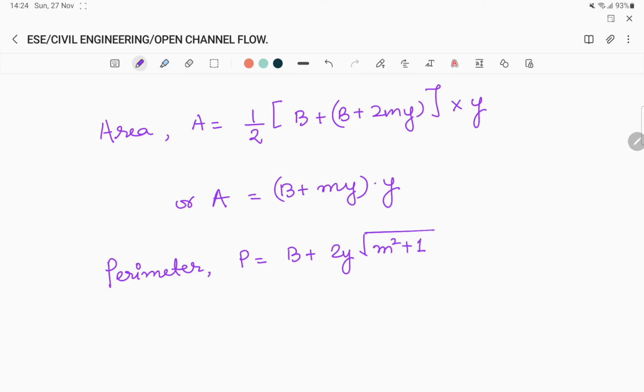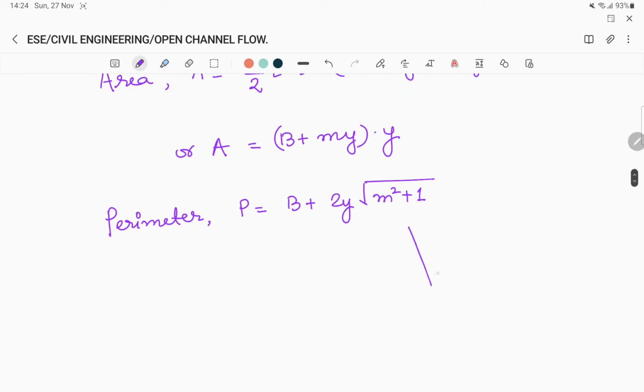So how did we get this? We have to find the wetted perimeter. See, this width is B, and using the Pythagoras theorem we can find the side width also.